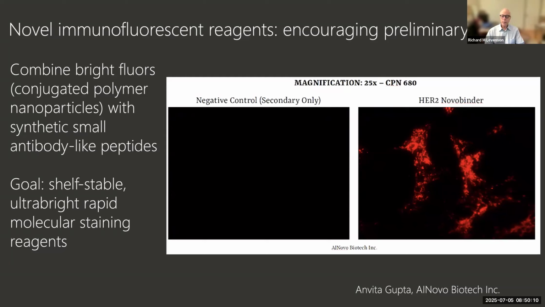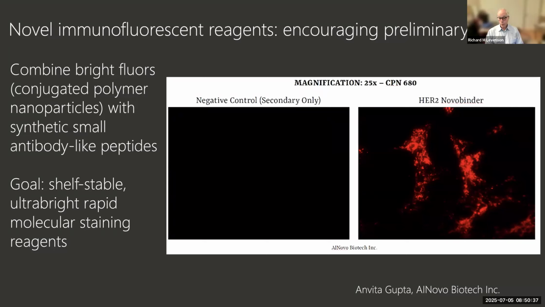What molecules is the tumor expressing? And so we're working with Anvita Gupta here in near Sacramento on some new ways of actually staining and viewing molecular markers, and ideally we'd be able to do it on the same microscope with the same inexpensive equipment.